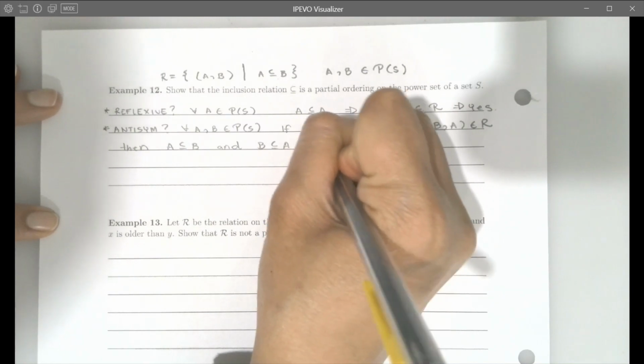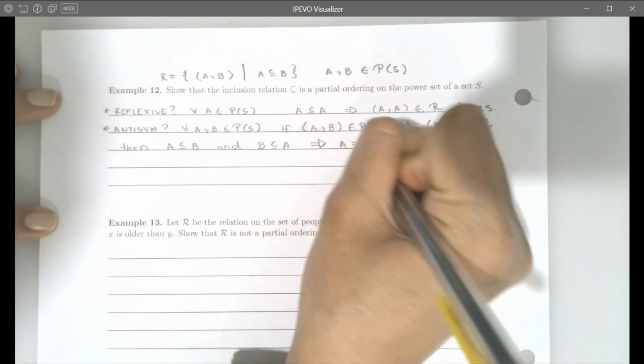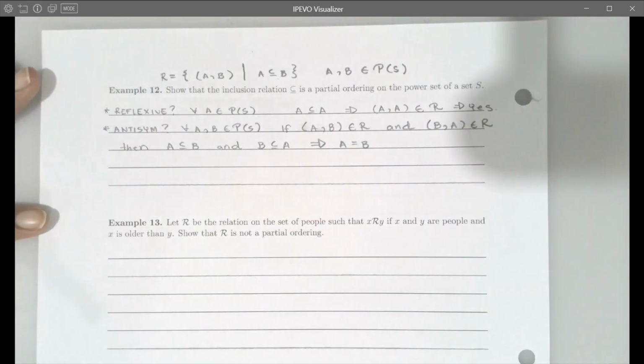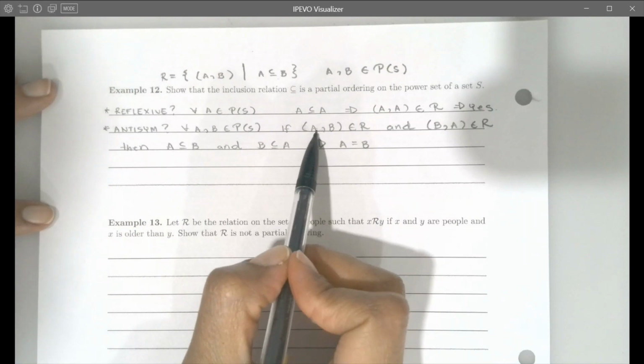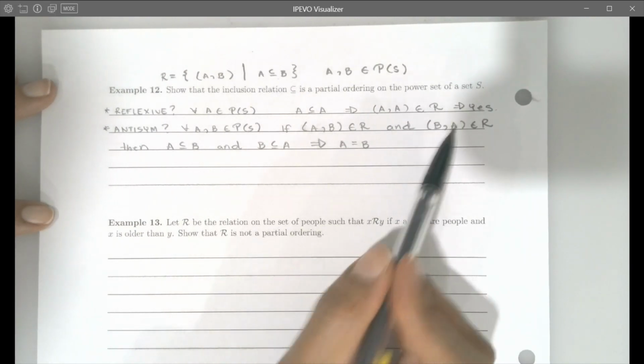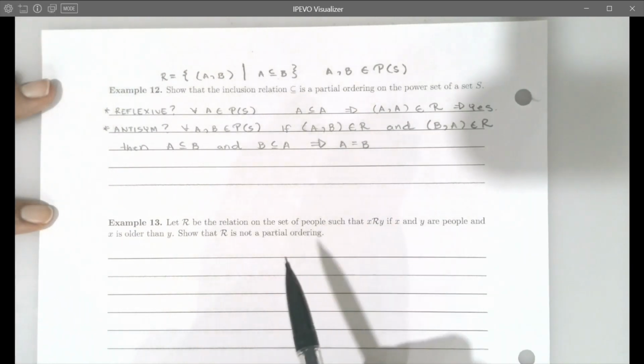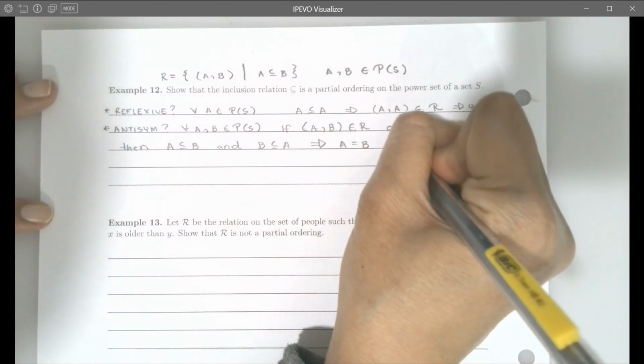So this implies that A is equal to B. And that is also the definition of antisymmetric. The only way that the ordered pairs AB and BA can be part of R is if A is equal to B. The answer for this one is yes.